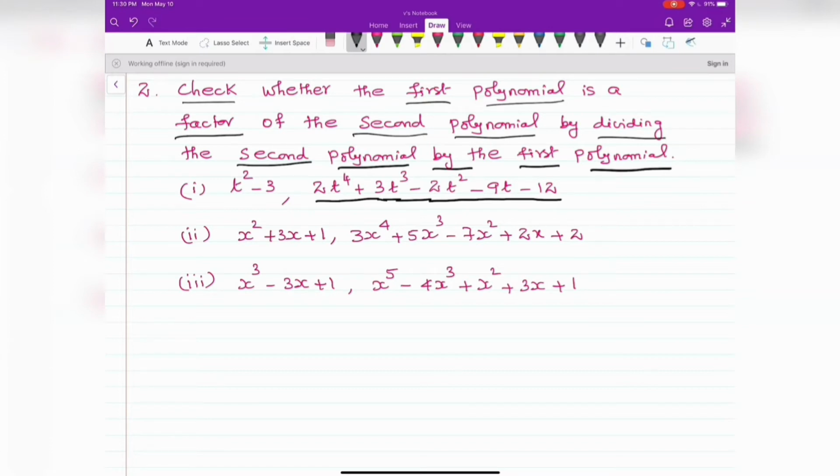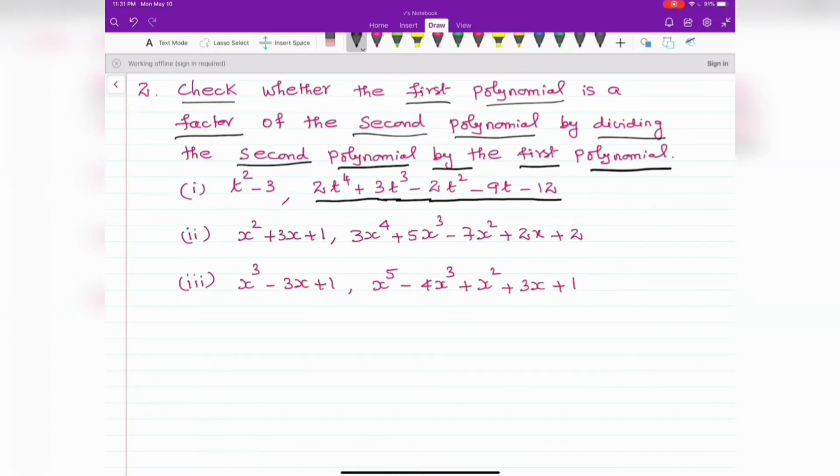Already in your earlier classes you might have studied that the given polynomial is a factor of another polynomial if you get the remainder as 0. So when you divide a polynomial by another polynomial, if you get the remainder as 0, then you can conclude the given polynomial is the factor of another one. That is the concept we are going to make use of in checking whether the first polynomial is the factor of the second polynomial or not.